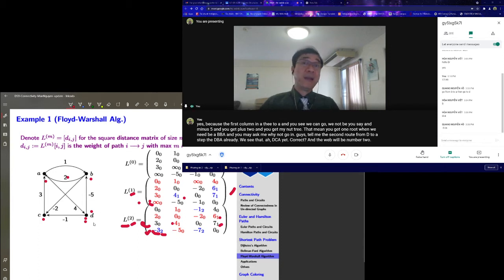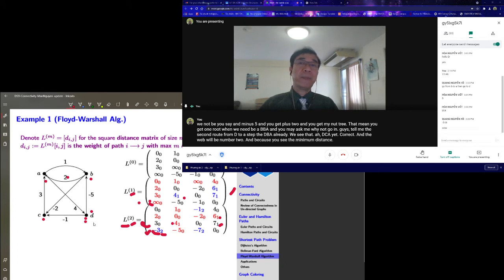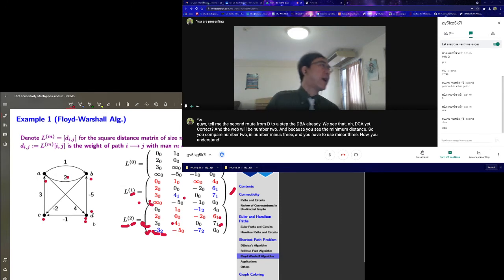And because you see the minimum distance, so you compare number 2 and number -3, and you have to choose -3. Now you understand why and why, okay? So there are 2 routes, one-way route, DBA and DCA, but the one DBA better because it's you smaller weight.